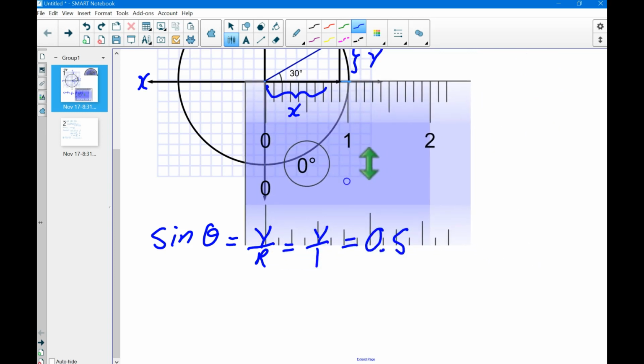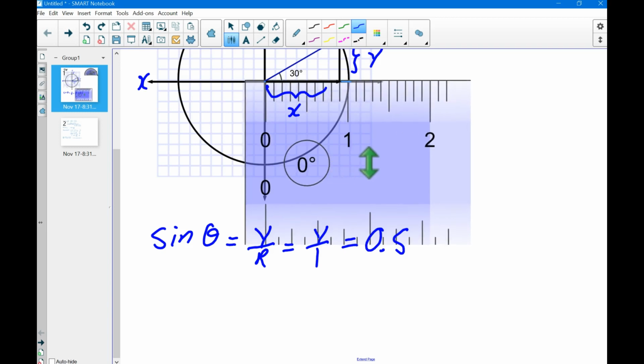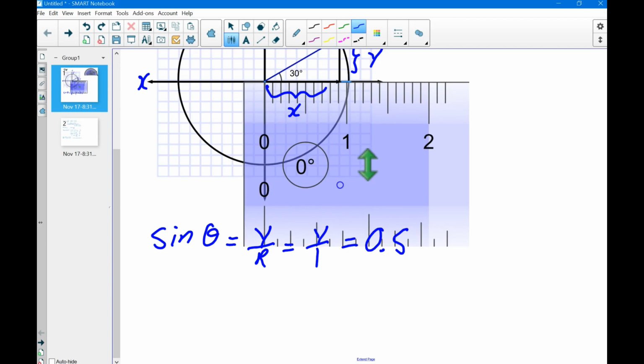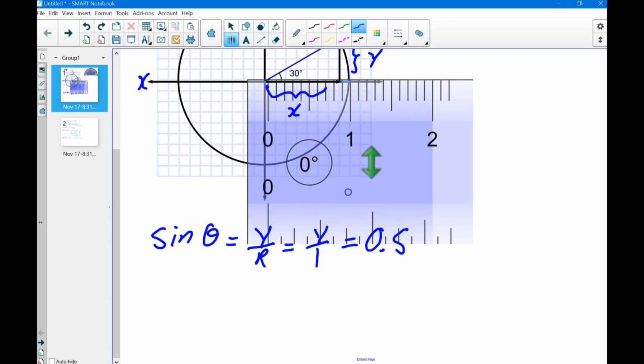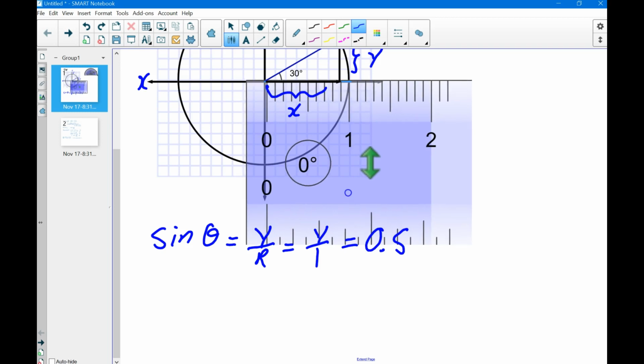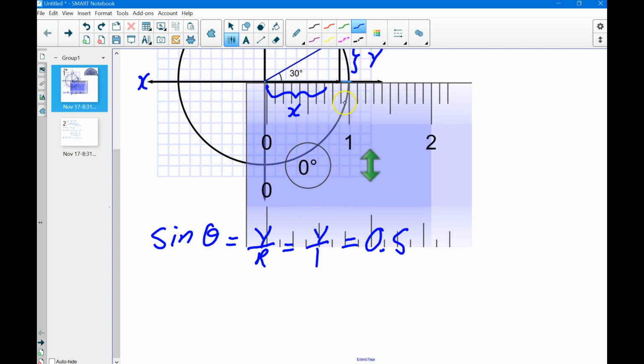If I took it back down here and had a look again, measured the x value, you can see it would be about 0.866. It's not quite 0.9. So you see 0.9 is here, so 0.5, 0.6, 0.7, 0.8.